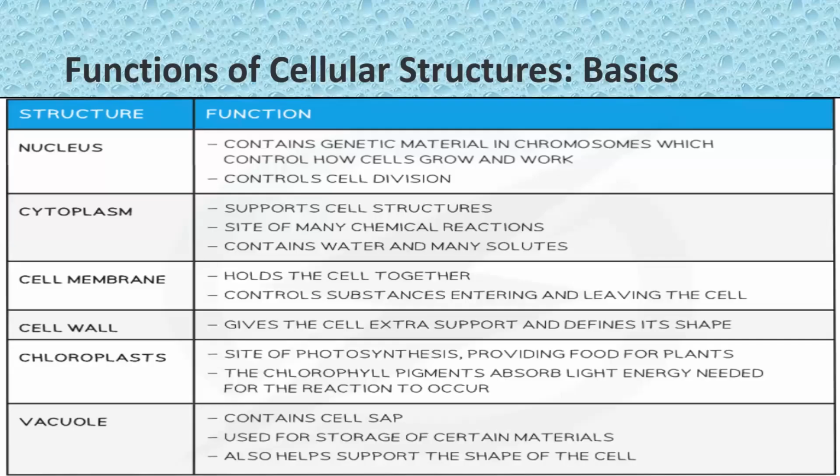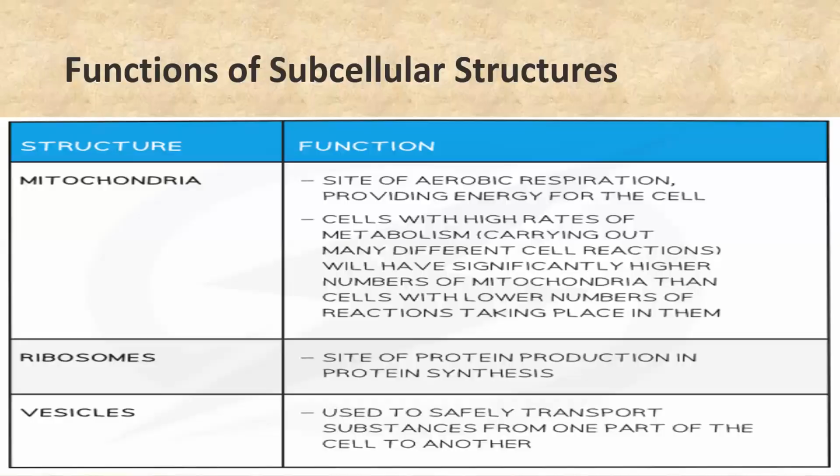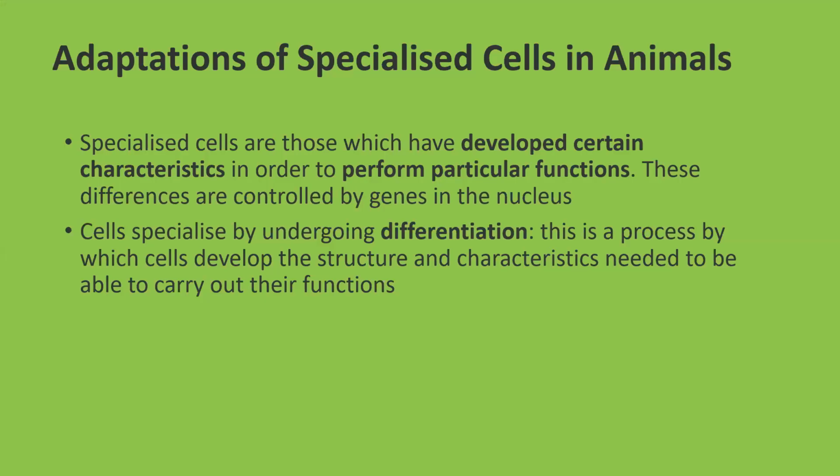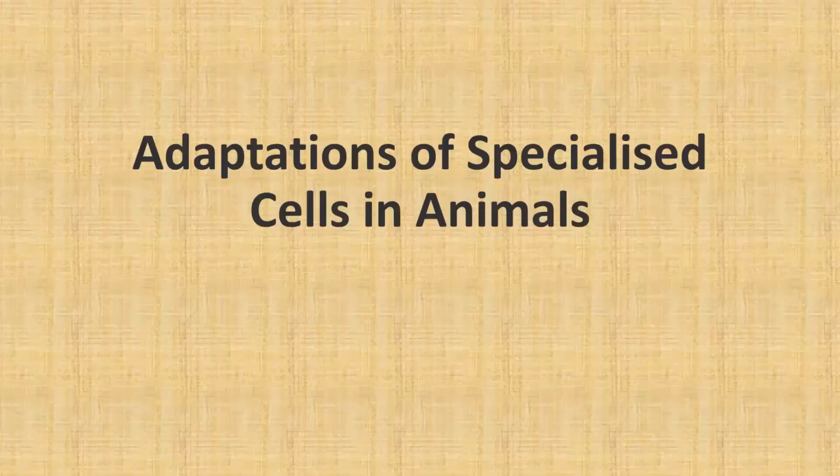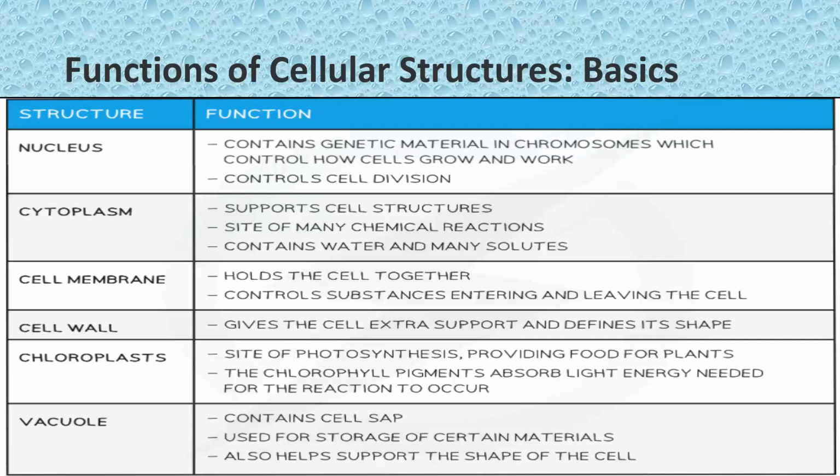Now we talk about some functions. After that we will start with the specialized cells in animals, but first the function of the cell structures. The nucleus controls genetic material in chromosomes, which control how cells grow and work.